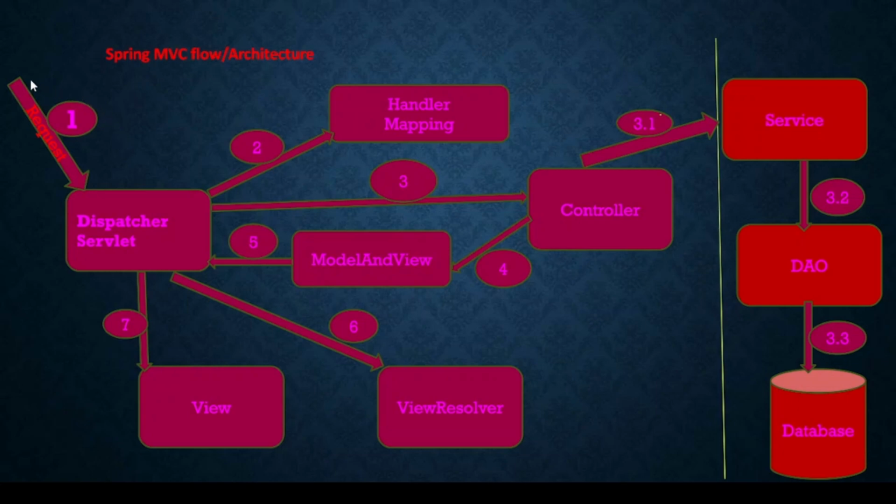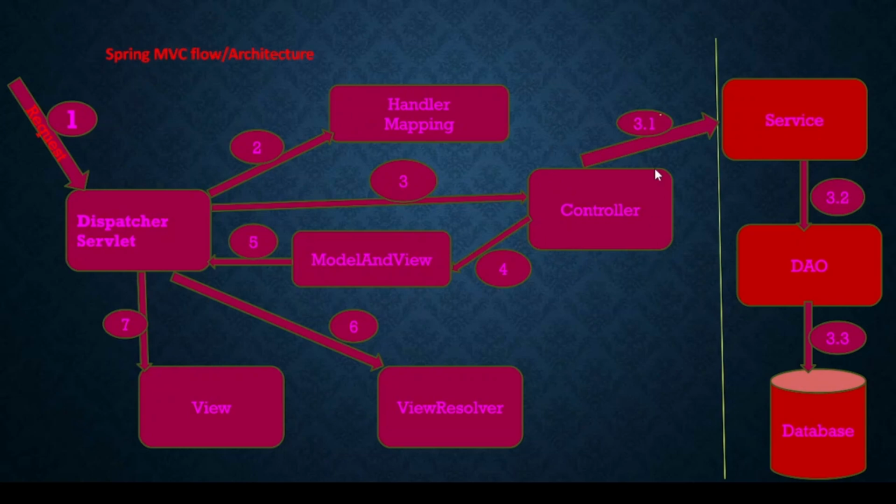I will summarize the steps I have just explained. Remember, in step one, whenever the user sends a request, the request is intercepted by the dispatcher servlet. Then, with the help of the handler mapping, where we have all the request information like the URL and web.xml details, the request is mapped.